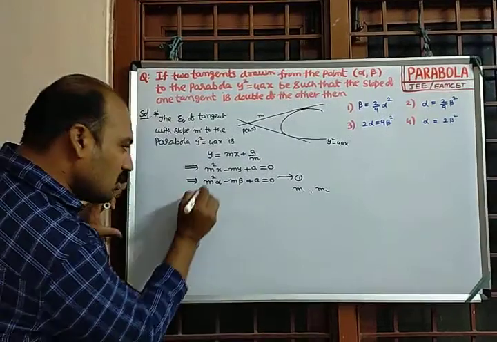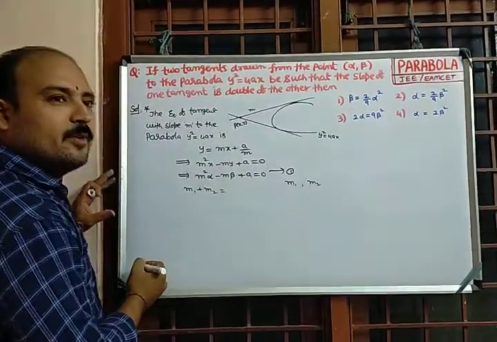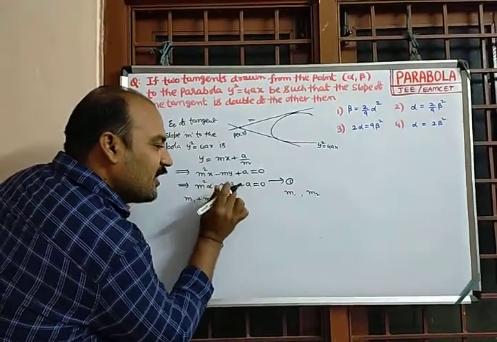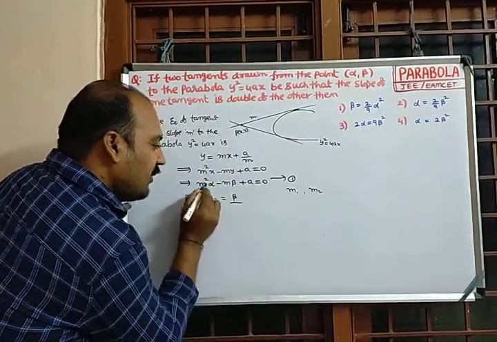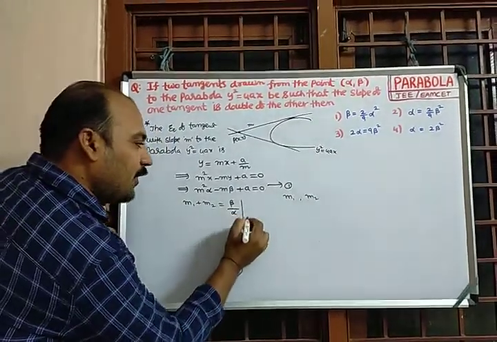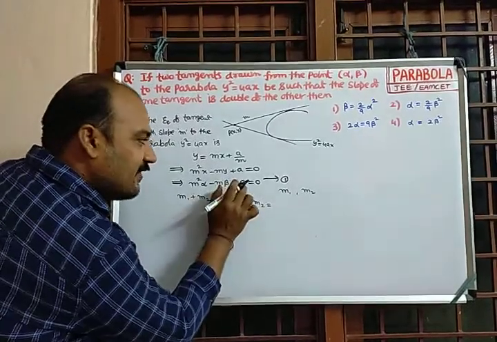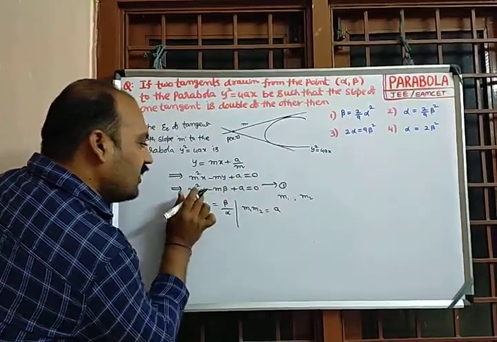So the sum of the roots m1 plus m2 is equal to minus b by a, minus of minus beta, that is beta, divided by the a value, which is alpha. After that, the product of the roots m1 into m2 is equal to c by a. C value is what here? A. A value is alpha.